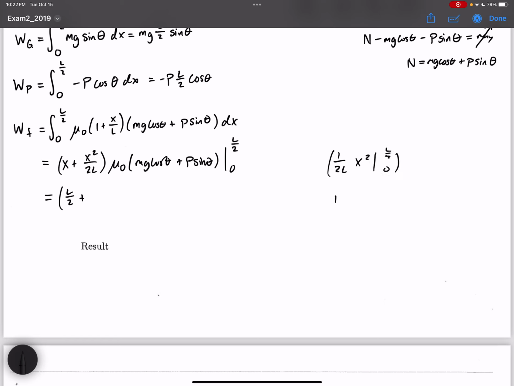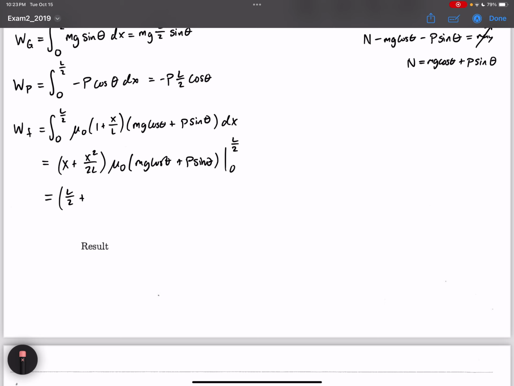So you're going to have 1/2L times (L/2)², which is just going to be 1/2L times L²/4. So L/8. If you had L²/4 over 2L, that cancels out, and yes, it would be L/8.